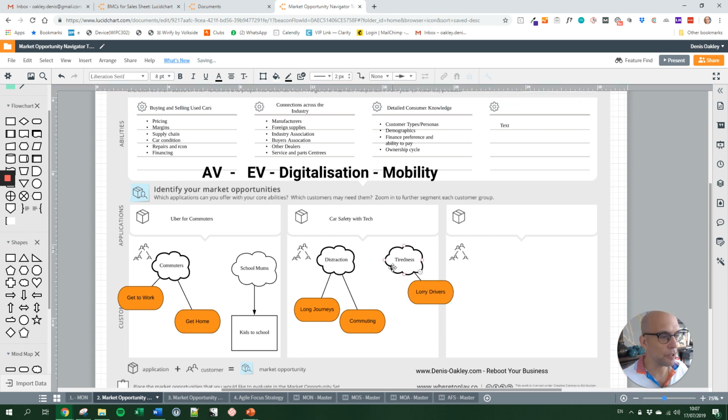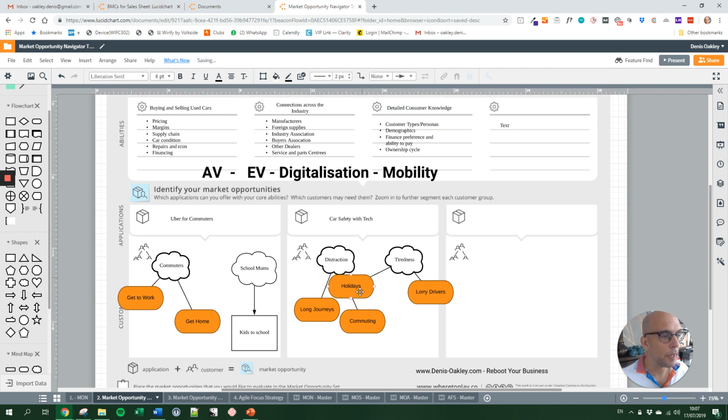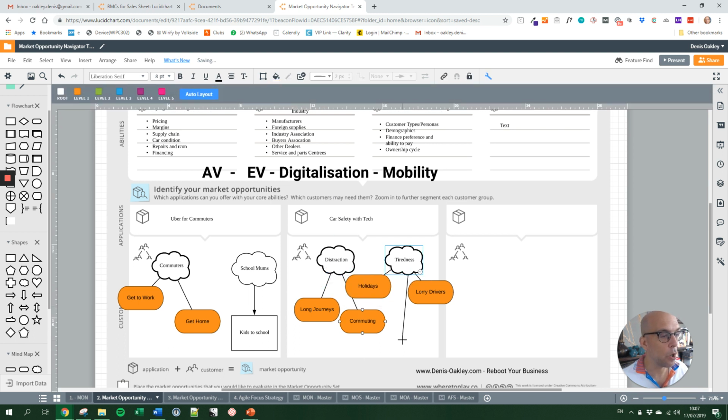Yeah, I'm doing this all on the fly. I haven't thought about this before, and so you can see it's pretty quick and easy. Tiredness, holidays, and then we can chuck in one more, long commutes.